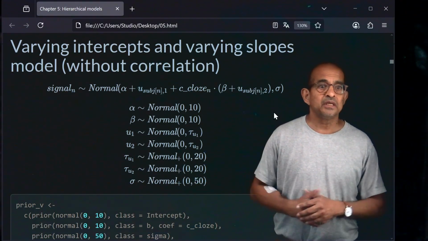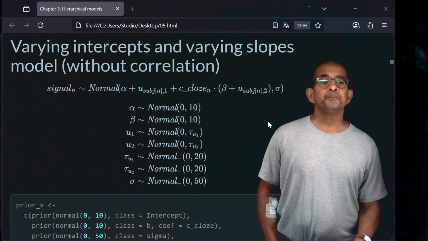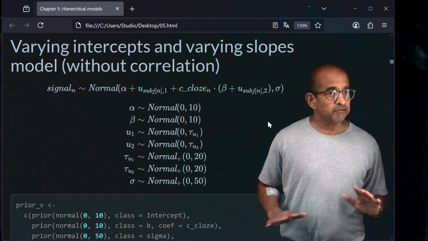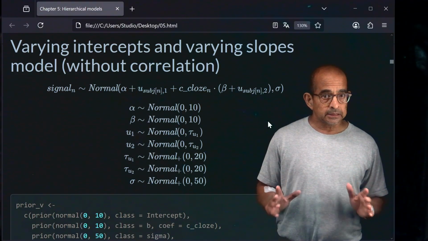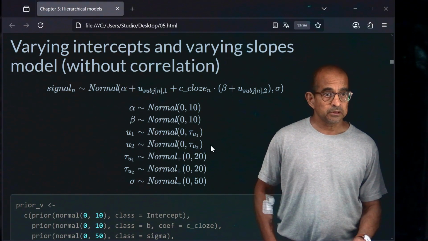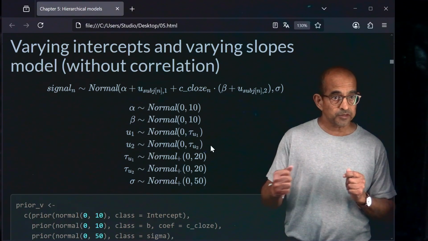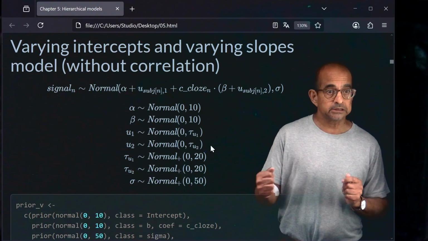That kind of stuff is what we used to do before we knew about linear mixed models. All that stuff is irrelevant for us now. If you have imbalance in the data, the regularizing priors are going to take care of it for you by shrinking the estimate from the sparse data from a particular subject towards the grand mean.